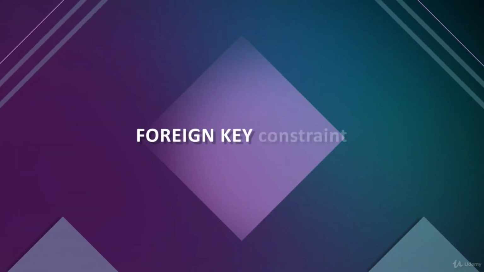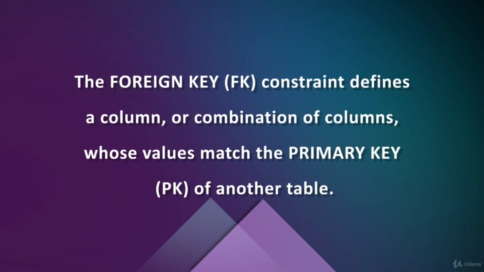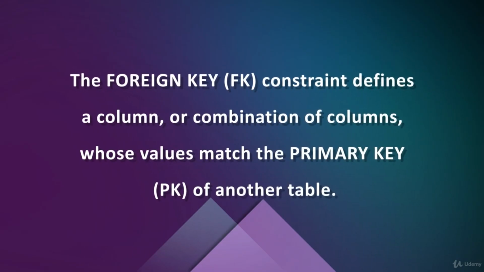Foreign key constraint. The foreign key, or FK constraint, defines a column or a combination of columns whose values match the primary key, or PK, of another table. Values in an FK are automatically updated when the PK values in the associated table are updated or changed.